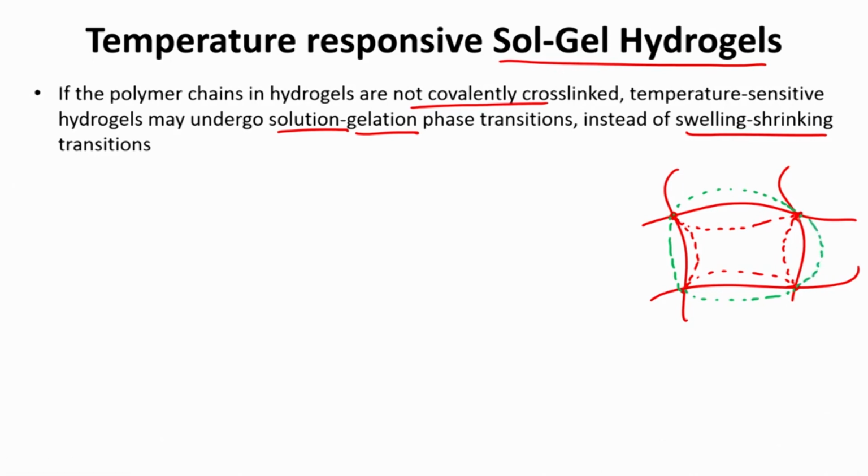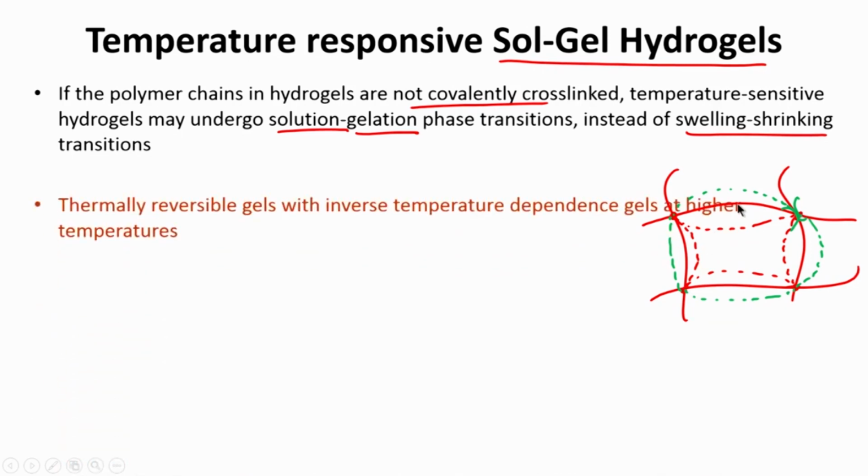But then what if these bonds do not exist, what if this is a physical cross-linking. There is no actual bond, they are just tied up in each other. In that case, this becomes either soluble or in gelation form depending on what temperature it is.